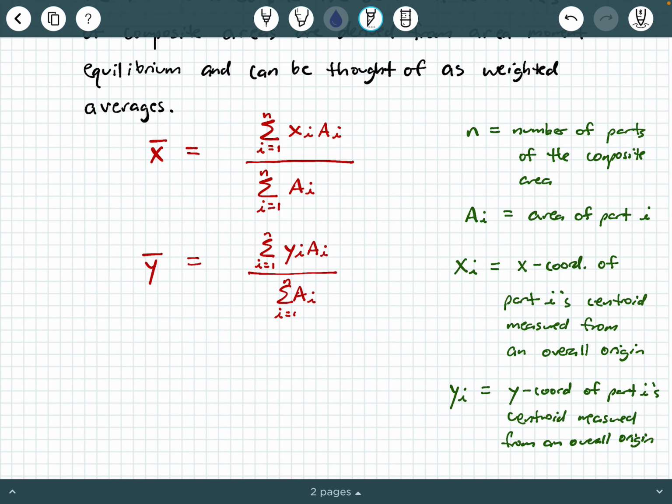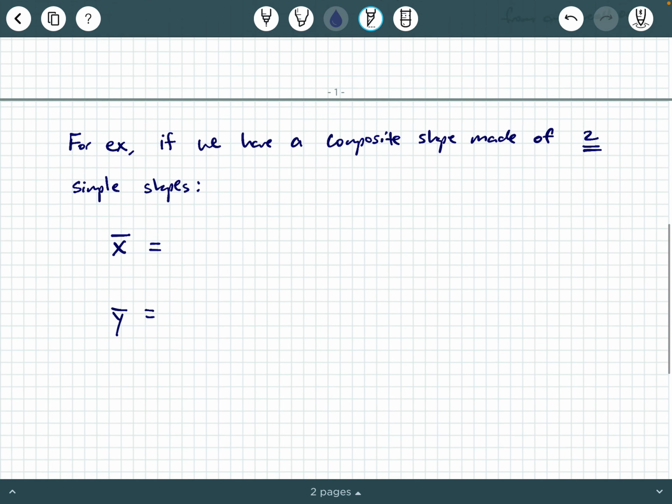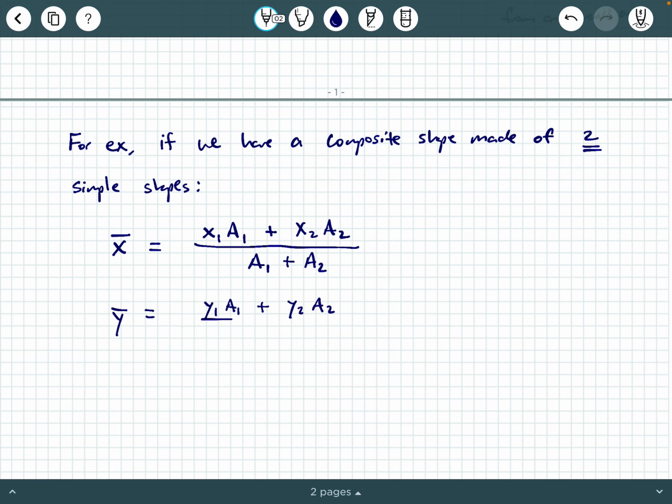So when we have two parts, x bar is going to reduce down to the following formula. We can write x1 times a1 plus x2 times a2, all divided by a1 plus a2. And in a similar way, y bar would be y1 times a1 plus y2 times a2, all divided by, again, a1 plus a2.